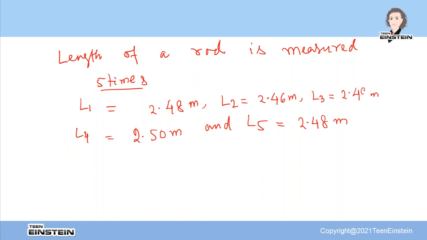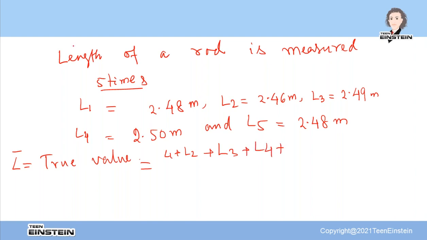Do you have the calculator with you? If not, I'll tell you. If you just add all of them, they will ask you what is the true value. True value means the mean value of all these measurements. True value means average value. So I'll add all of them.